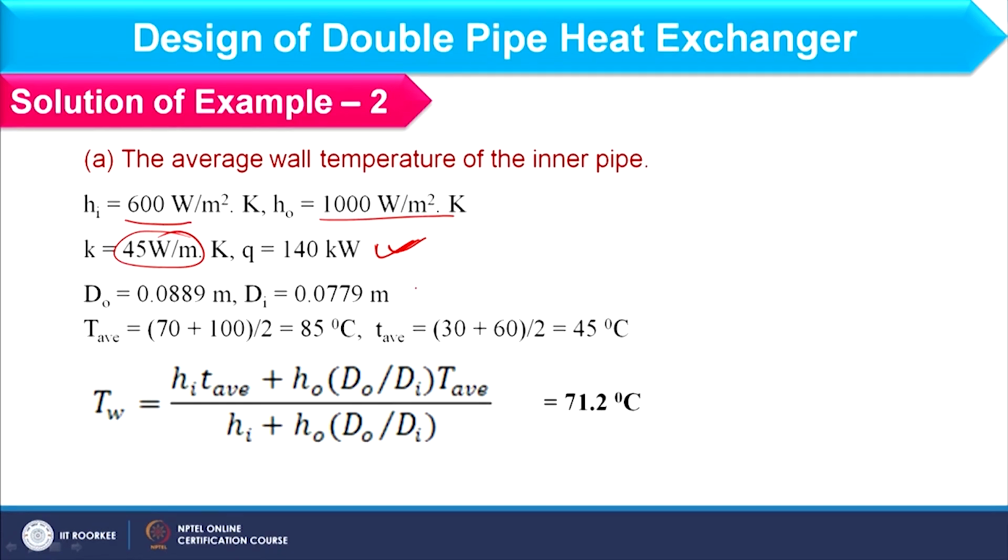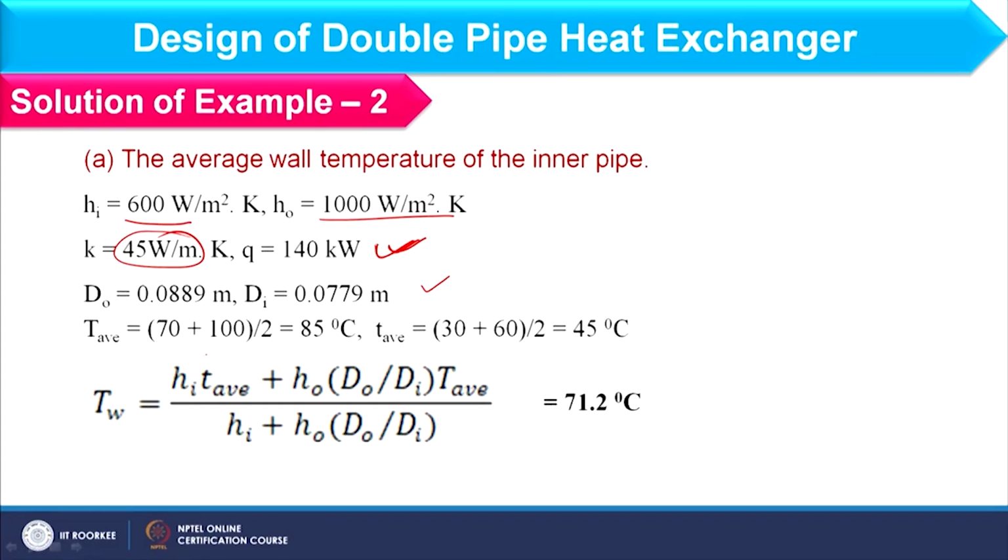DO and DI we can find like this: DO is 0.0889 meter and DI is 0.0779 meter. So, values are already given, so you do not have to use table B2 or the property table, because that is not required over here. We can calculate directly the average temperature of hot fluid and cold fluid.